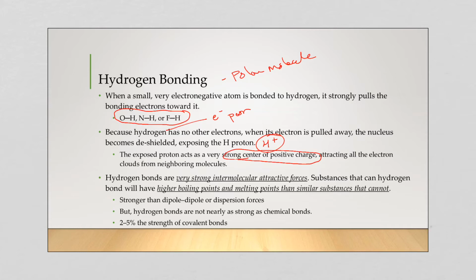And so as a result, molecules that have the ability to hydrogen bond will have higher boiling and melting points than similar materials that can't, that can only do dipole-dipole or only do dispersion forces. But again, I will reemphasize, we can call these as strong as we want to, but they are not nearly as strong as an actual bond. In fact, they are only about 2 to 5% the strength of an actual bond. So while they're strong for intermolecular forces, they're not strong when we compare them to actual bonds.